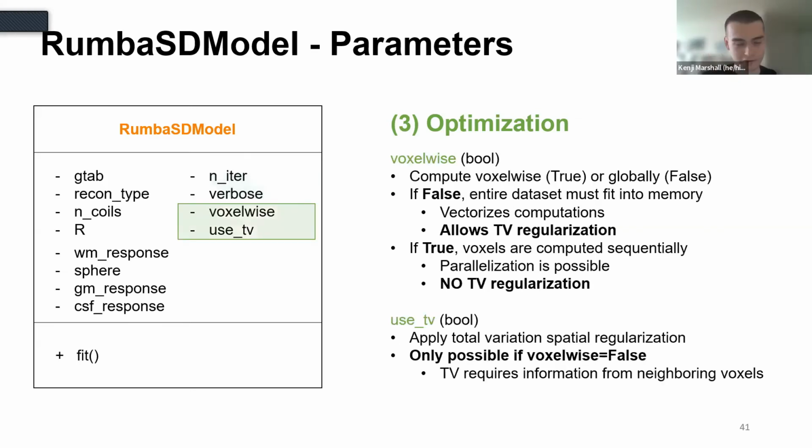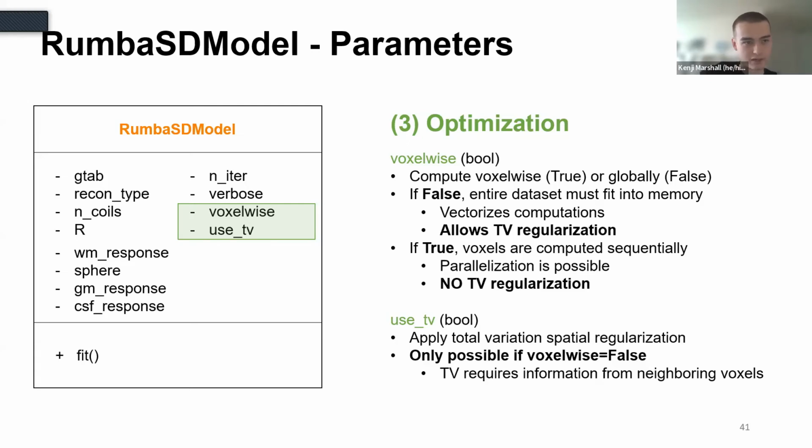These last 2 are very important, so I'll go through them carefully. The first is this voxel-wise parameter. Essentially, this determines whether you compute your FODFs voxel-wise, so computing each FODF for each voxel sequentially, independently, or globally, where you compute the FODFs for all voxels simultaneously together.